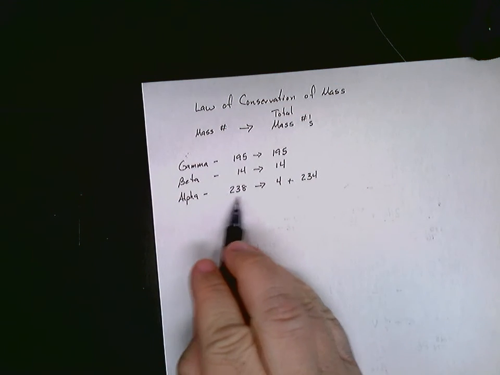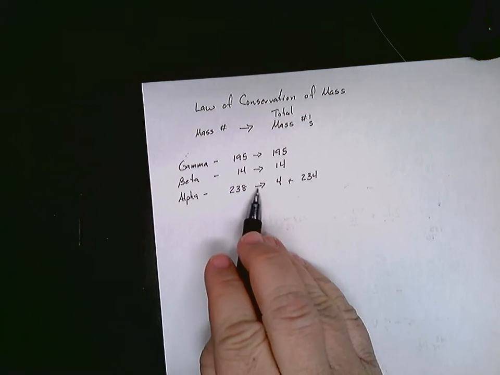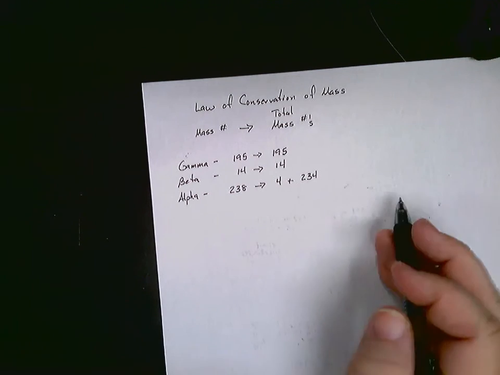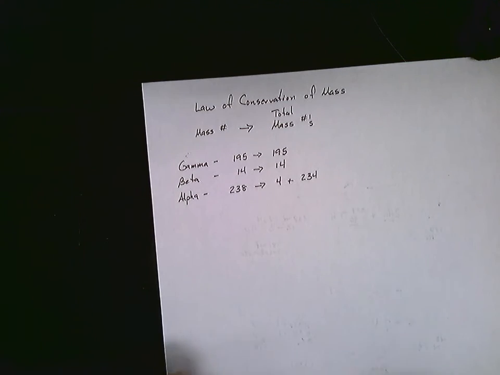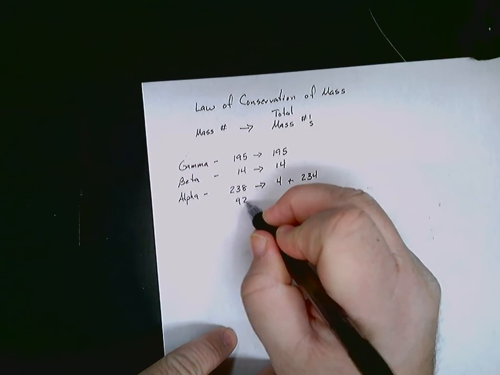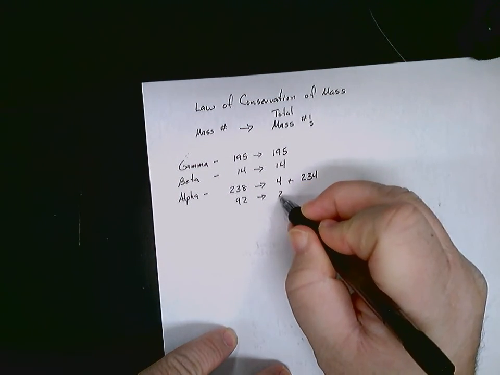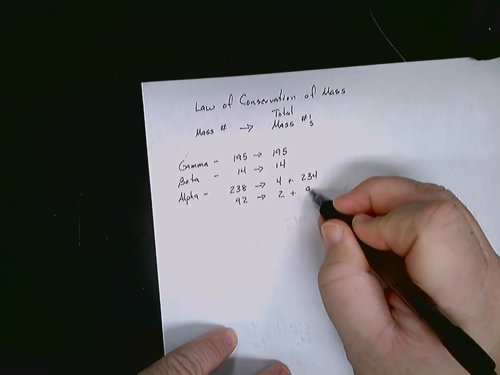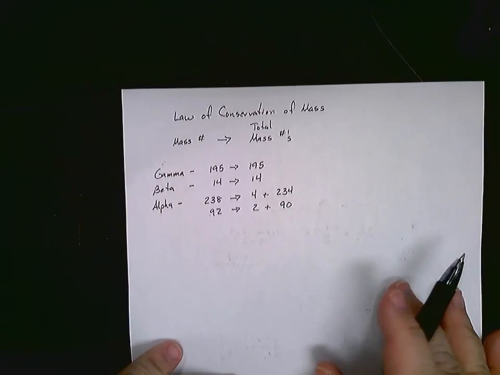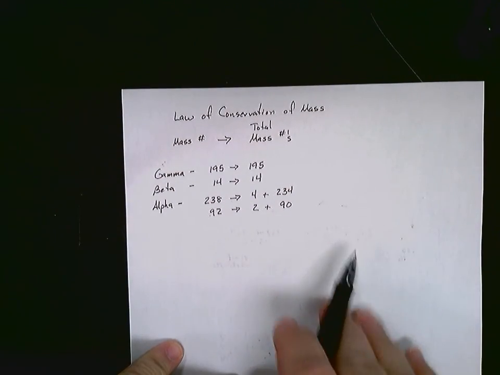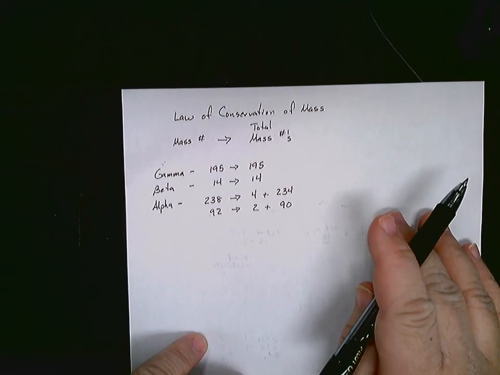As you can see, 238 equals 4 plus 234. So the mass numbers are the same. Same thing with the protons. We started with 92 protons here. We had 2 with our alpha particle plus 90. Well, 90 plus 2 is 92. So that's how the law of conservation of mass helps you with this.